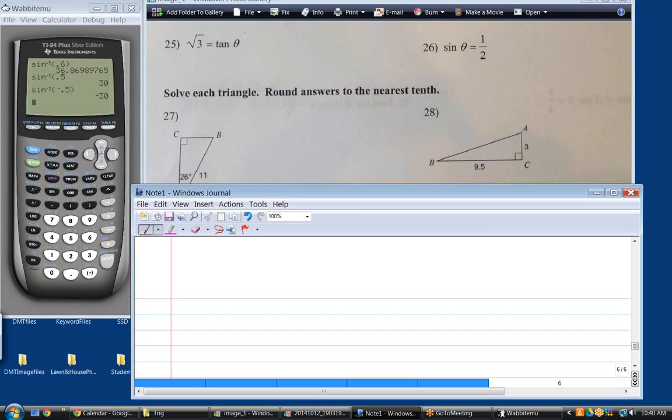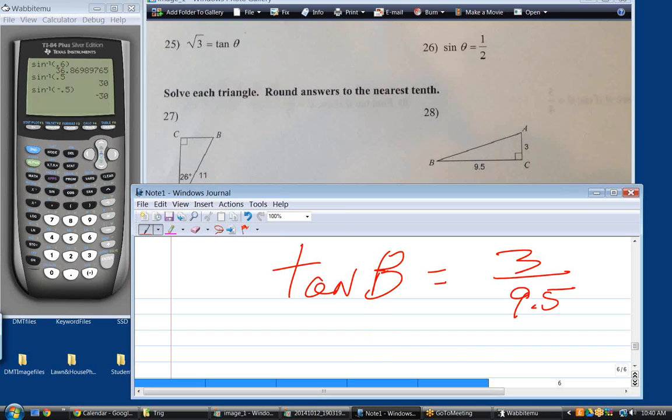Okay. Start it with the trig function. What trig function is going to allow you to calculate angle B? Tangent? Tangent of angle B is equal to what? 3 over 9.5.